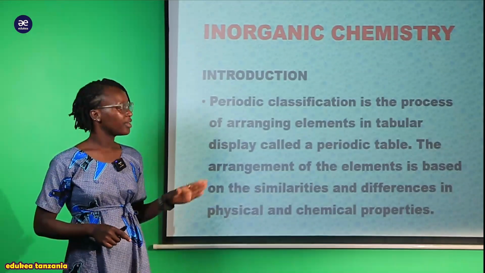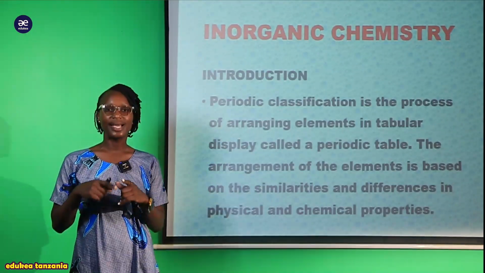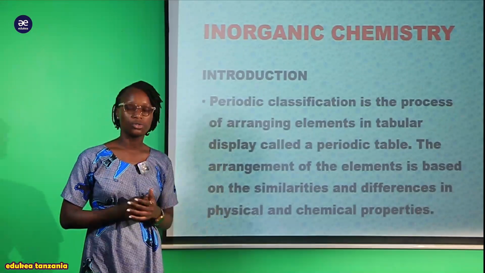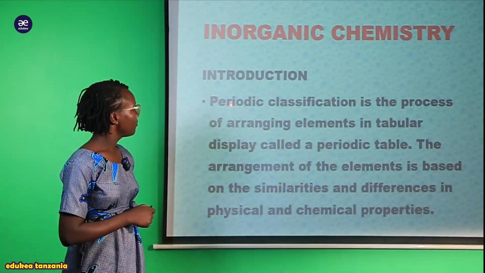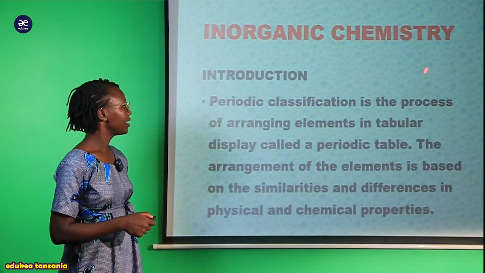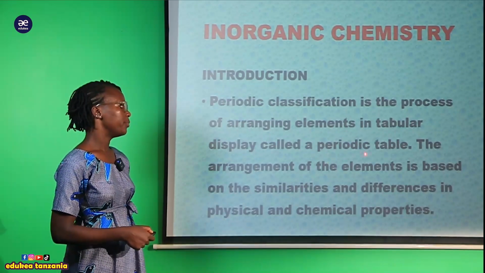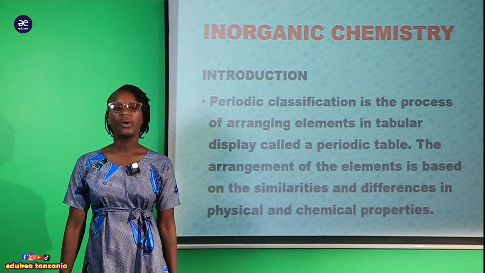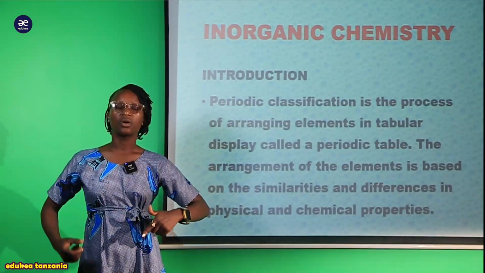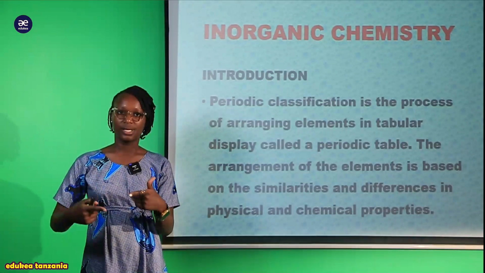Kwa hiyo kwenye introduction yetu hapa tutaenda kuangalia zile key concepts and the meaning of what we are going to cover. So periodic classification is the process of arranging elements in a tabular display called a periodic table. Kwamba when we talk about periodic classification, kumbe hii ni process ya kuarrange zile element in a tabular form.